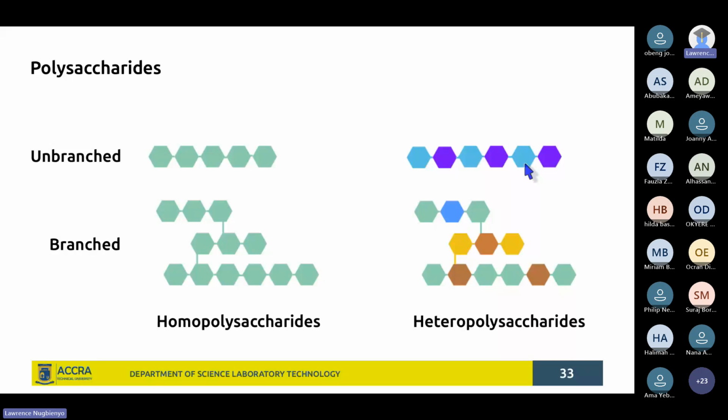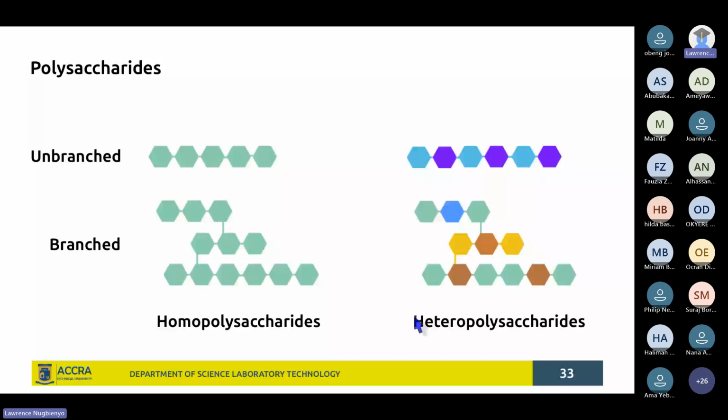So for instance, if you have some glucose, and then perhaps a derivative, N-acetylglucosamine or glucosamine, it's a mixture of different monosaccharide units to give you that polysaccharide, which we'll refer to as a heteropolysaccharide. So we represent that with these different colors, to make it clear.